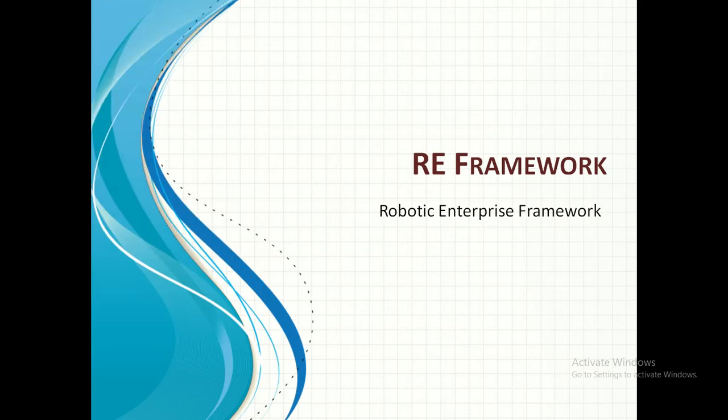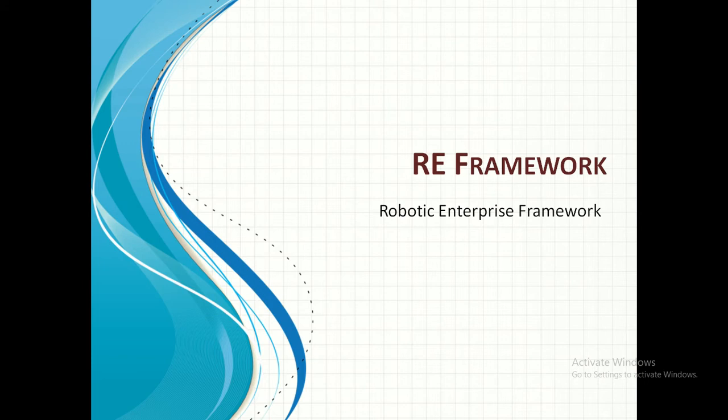So today we are going to discuss one of the most important and very useful aspects of UiPath automation, that is RE framework, which is also called Robotic Enterprise Framework, right? This RE framework is very important because of two things.